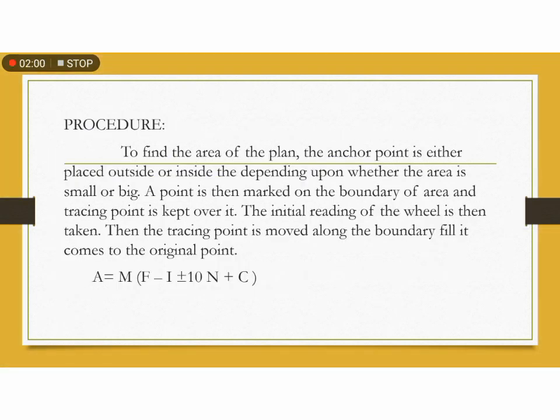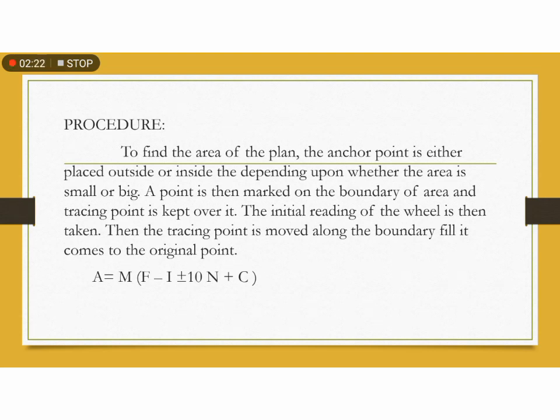So the procedure to find the area of the plan: the anchor point is either placed outside or inside depending upon whether the area is small or big. So a point is then marked on the boundary of the area and the tracing point is placed over it.